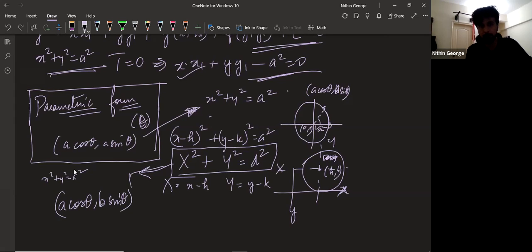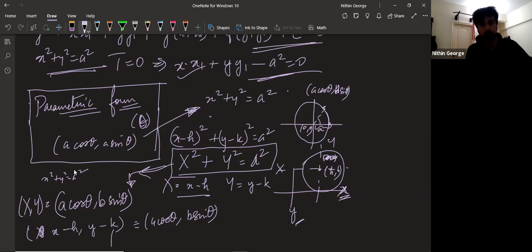But I am dealing with the original xy axis. Here in the new format, capital X comma capital Y will be written like this, a cos theta, a sin theta. This is translating axis, guys. This is very important. So capital X becomes, remember, x minus h. Capital Y becomes y minus k, equal to a cos theta, a sin theta.